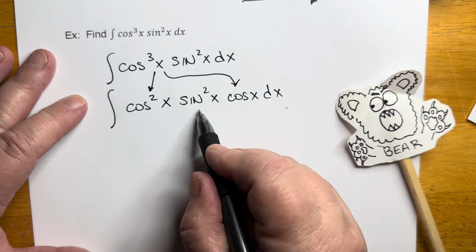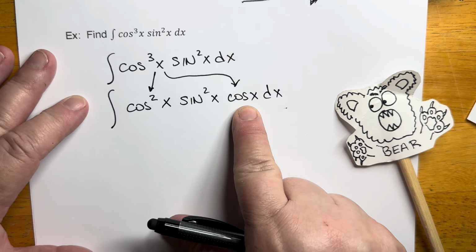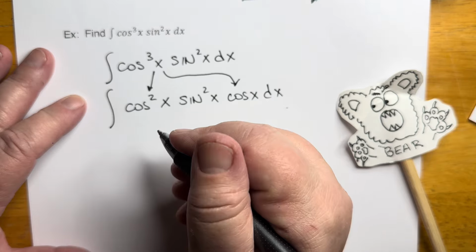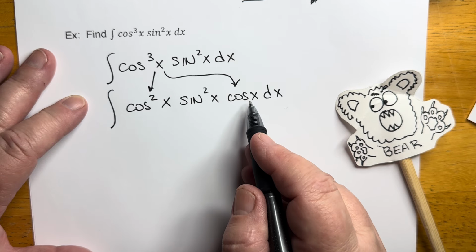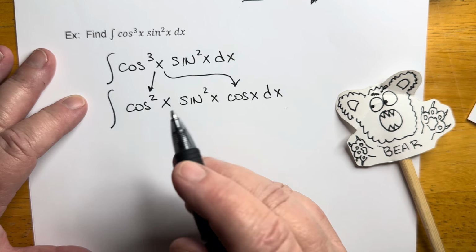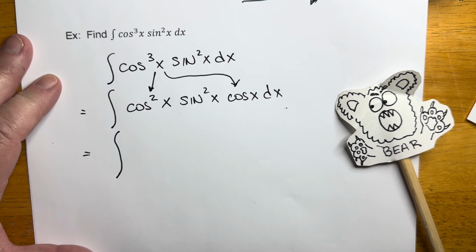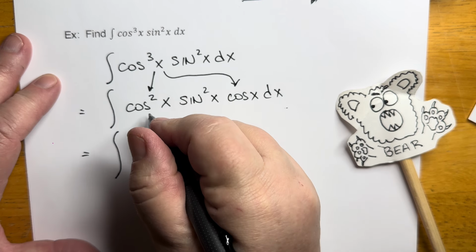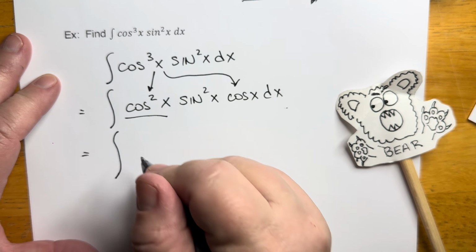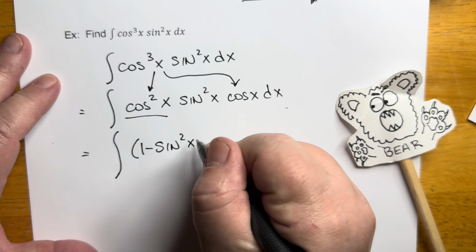But then what do I do with these? Well, again, if this is my du, then I want to set up my u to be sine, right? That'll be du, that's cosine. So that means the cosine squared has to switch over to sine. How do I do that? Well, anytime I see a cosine squared, I really have a 1 minus sine squared.